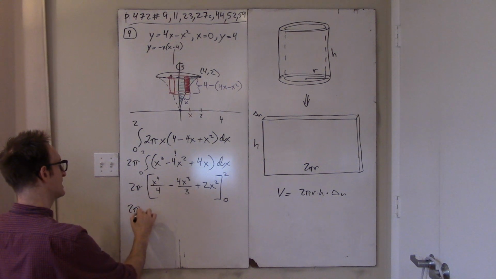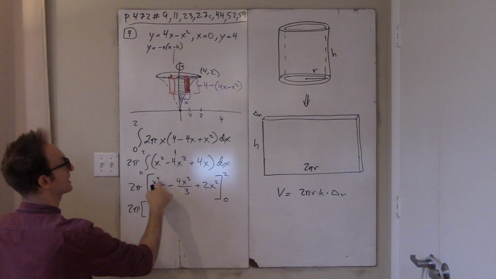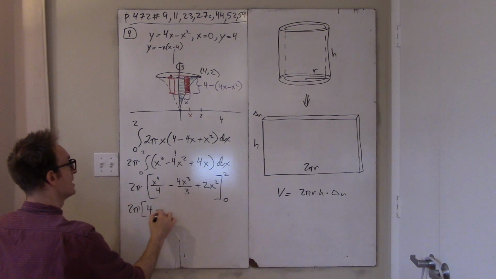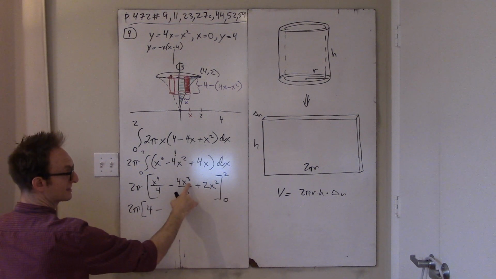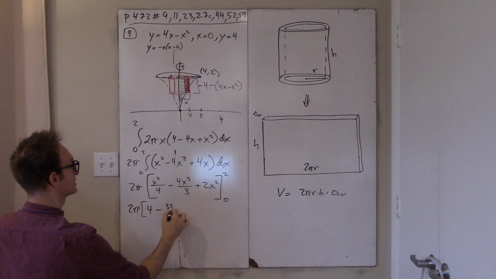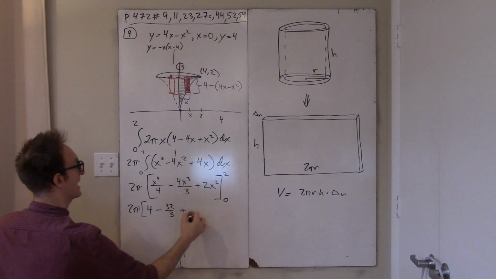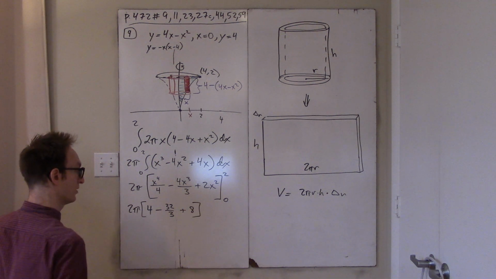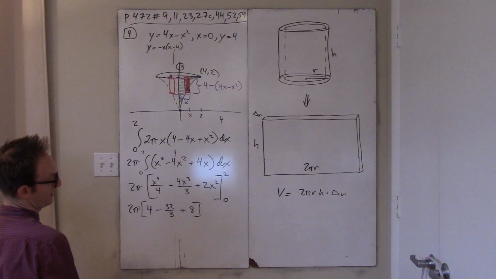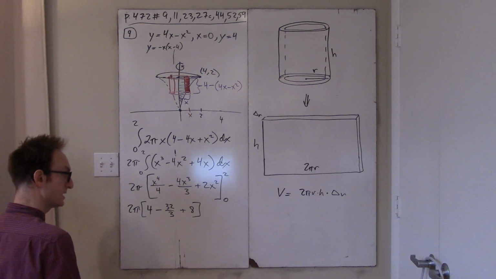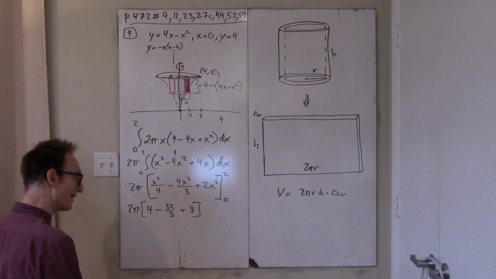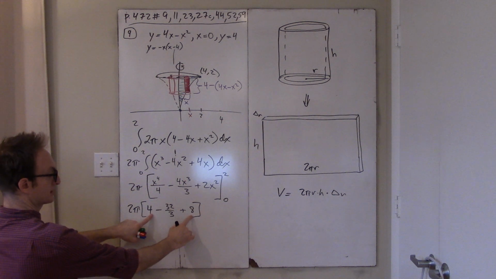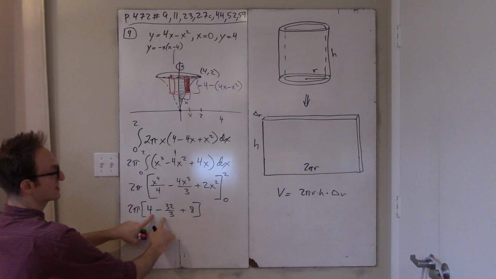Let's just do this. When we plug in 2, 16 over 4 is 4, minus 32 thirds, plus 8. Whatever that is, it's 12, which is 36 thirds, minus 32 thirds.